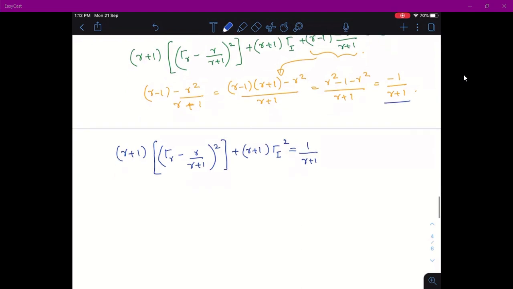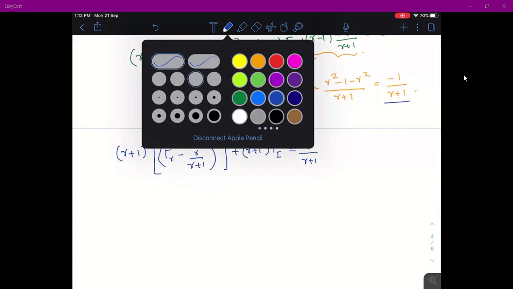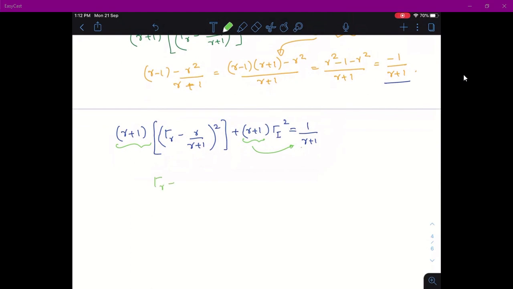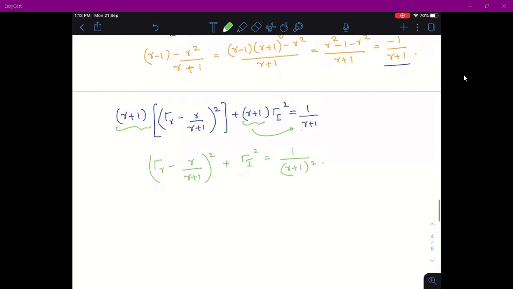Now there is r plus 1 on the left hand side in both the terms, you can bring it to this side, so you will have tau r minus r by r plus 1 whole square plus tau I square is equal to 1 by r plus 1 whole square. This is an important expression. We will see in a minute what this signifies.